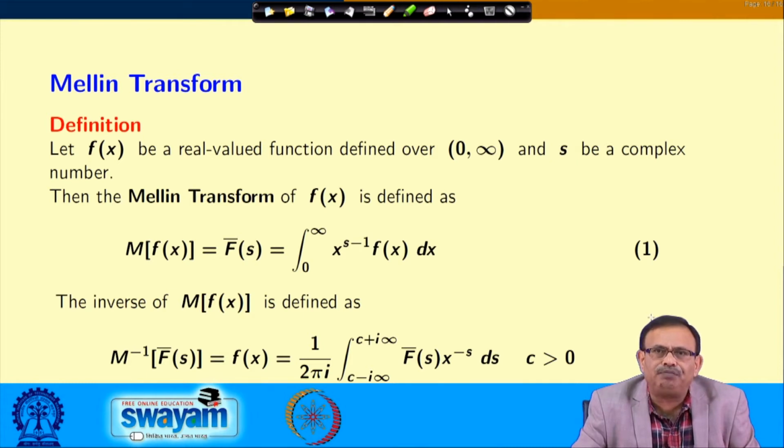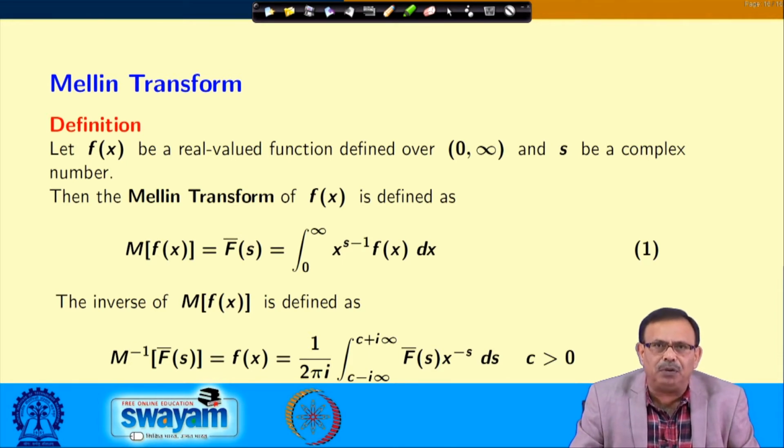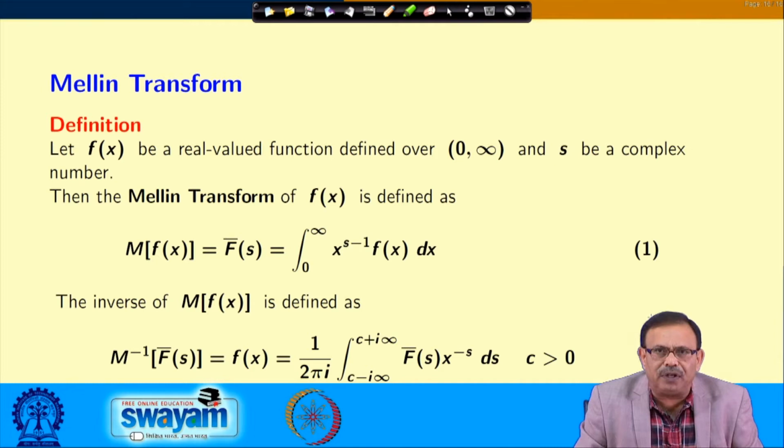Due to the limited number of lectures, I am not going into the details of how we got this definition. I will directly use it, and we will see how to find the Mellin transform of different functions and what the properties of the Mellin transform are.